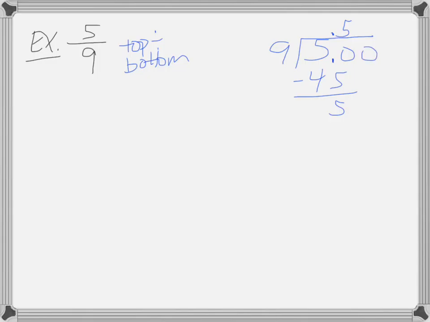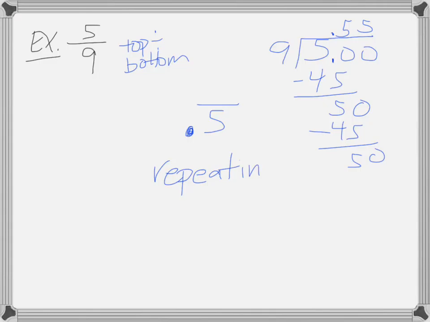So if we fill in another 0, we've got 50 again. 5 times 45. And we can see that this is just going to keep going on forever with 5s. So you would write that as 0.5 with a bar on top, indicating that it does that forever. This is a repeating decimal because the pattern repeats over and over and over again.